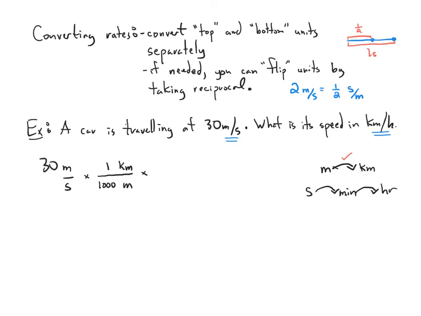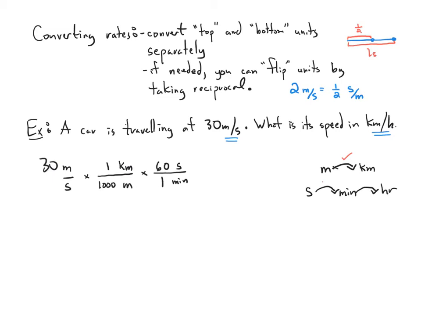So here, this is a little different because the unit that we start with is seconds. We want to get rid of this. It's already in the denominator. So we're going to put seconds in the numerator this time because it's in the opposite location. And that's what we want to get rid of. We want to convert to minutes first. We know there are 60 seconds in 1 minute. Okay, so we did that conversion.